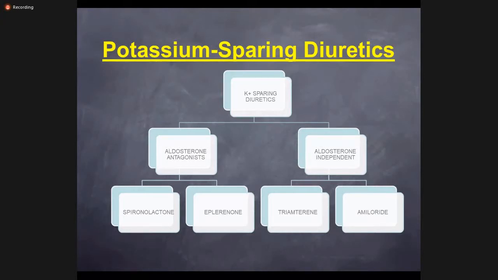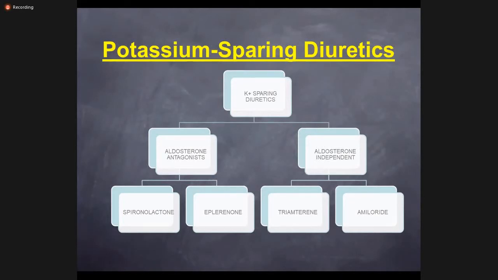Basically, these potassium sparing diuretics act on collecting ducts, right? Just like the thiazide diuretic, minimal amount of sodium is reabsorbed in this segment. So if we stop the reabsorption of sodium, a mild diuresis will occur.